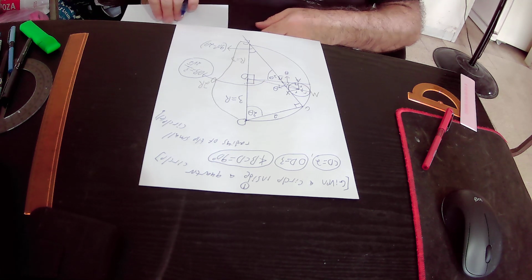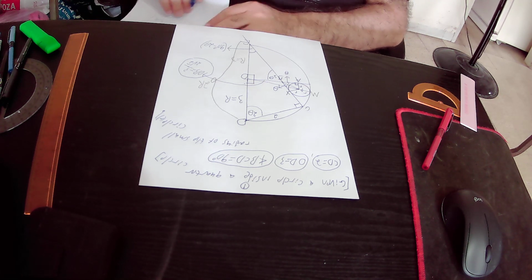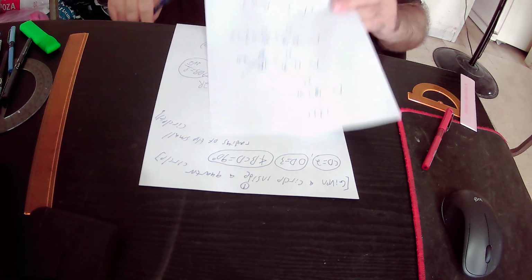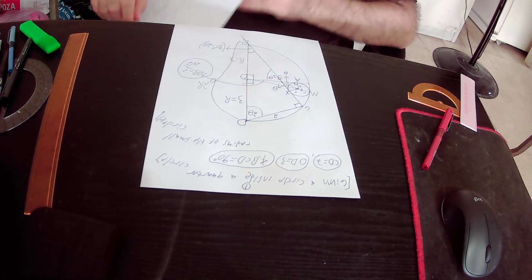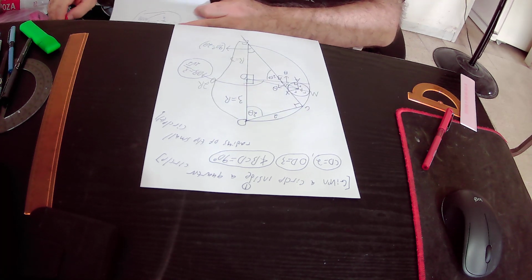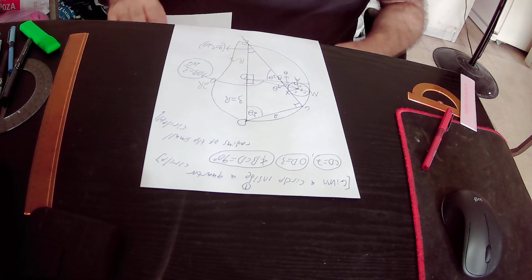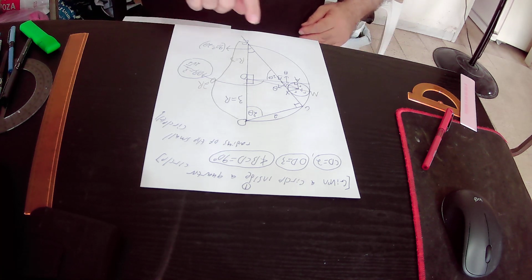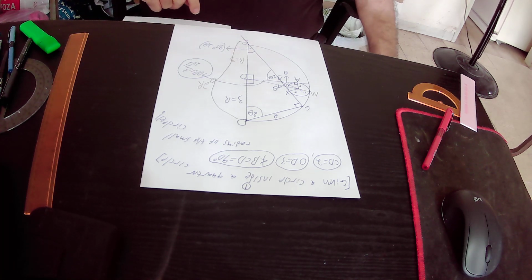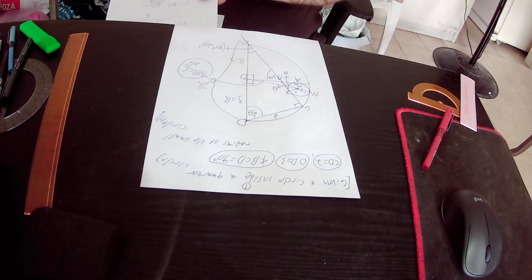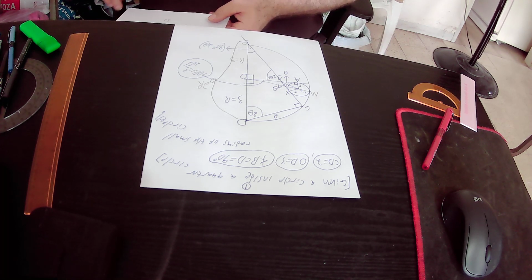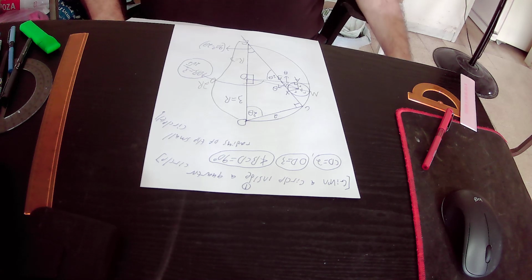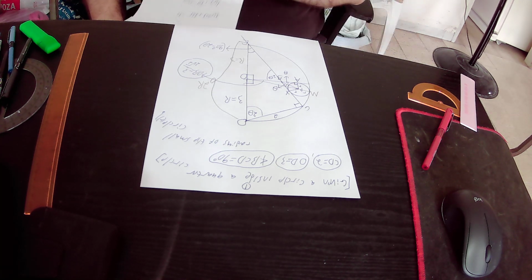Okay, so now I will summarize the lecture. Actually, we wanted to find out the radius of the small circle, and the small circle is inside a quarter circle.